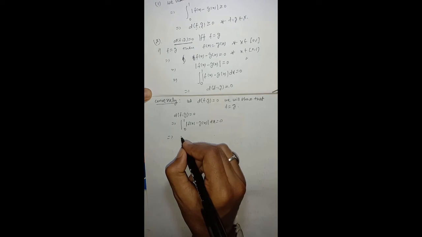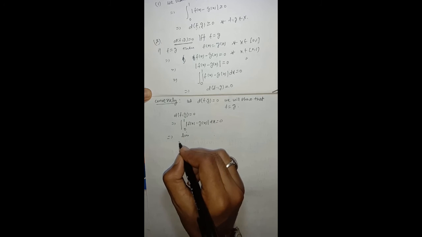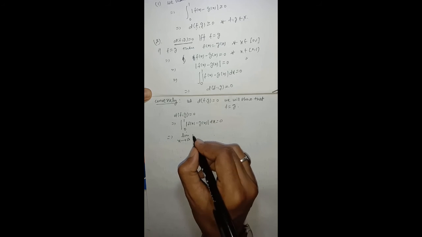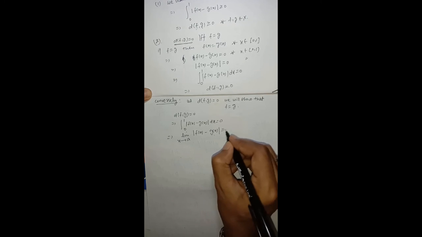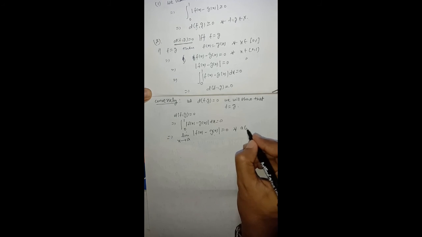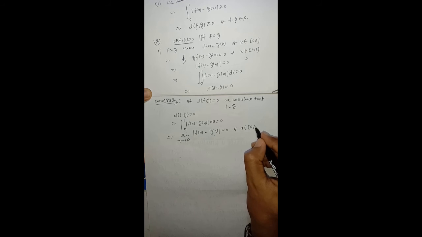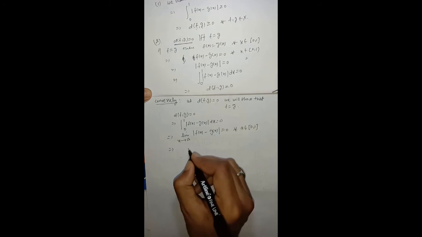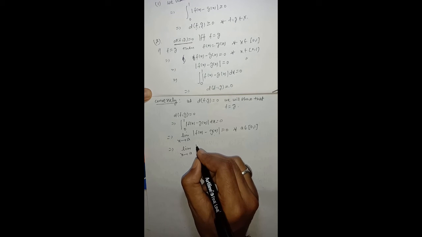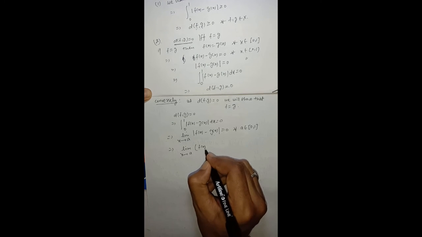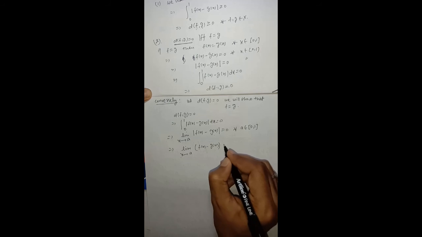This implies we can write the limit as x tends to a of |f(x) - g(x)| is equal to 0 for all a belonging to the closed interval. This implies the limit as x tends to a of f(x) - g(x) is equal to 0.